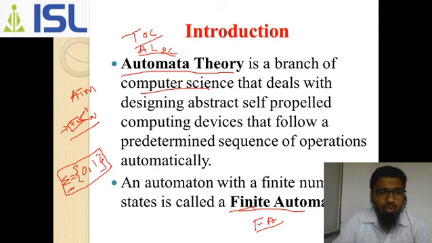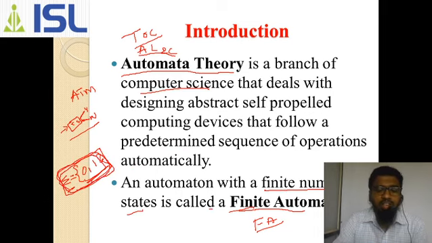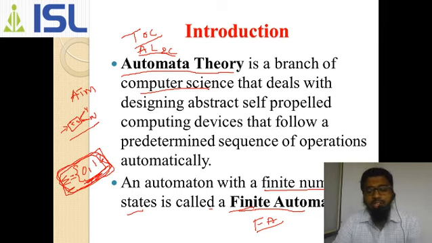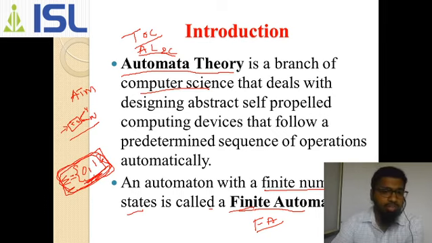You will see what sigma is in the coming slides, but just to tell you, a finite number of states means there will be a limit on how many states there are. That is called a finite number of states.